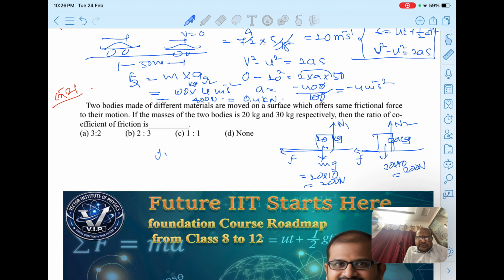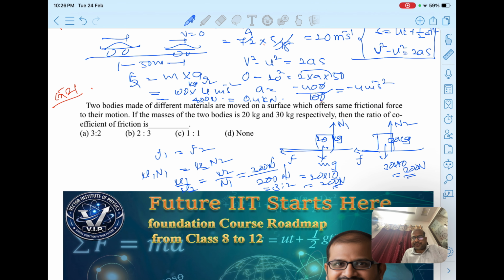The same frictional force, so F1 is equal to F2, that is mu1 into n1 is equal to mu2 into n2. Asking the ratio of coefficients of friction, it is simply the inverse ratio of normal reactions, n2 by n1. Balancing the vertical direction, here 300, here 200, so 300 by 200. 2 gets cancelled, 2 gets cancelled, and the answer is 3:2.